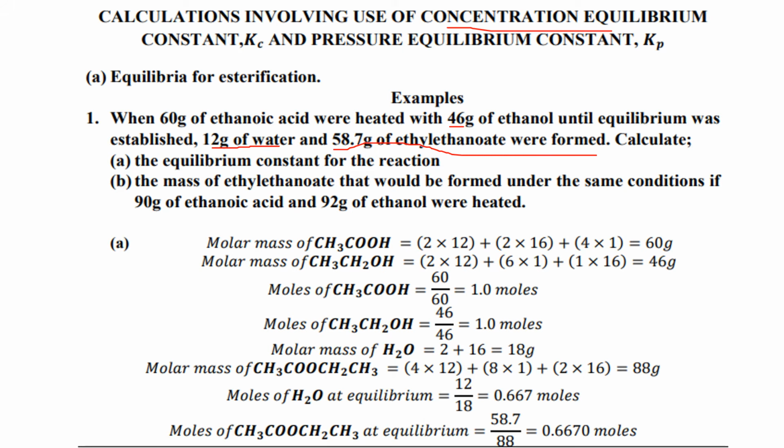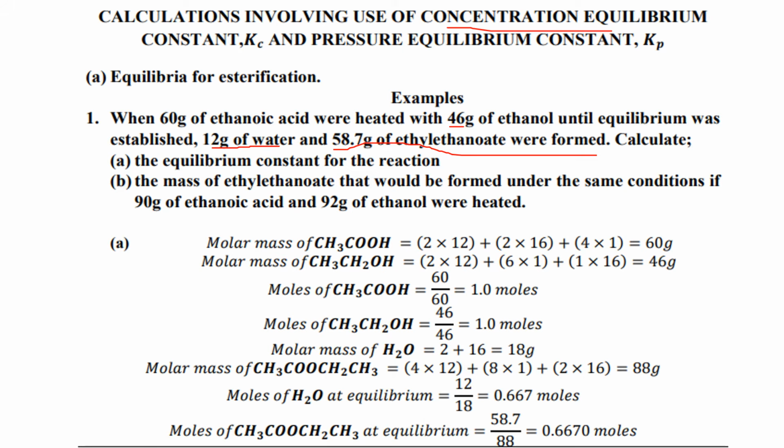Now you are being prompted to calculate part A, the equilibrium constant for the reaction, and part B, the mass of ethyl ethanoate that would be formed under the same conditions if 90 grams of ethanoic acid and 92 grams of ethanol were heated.